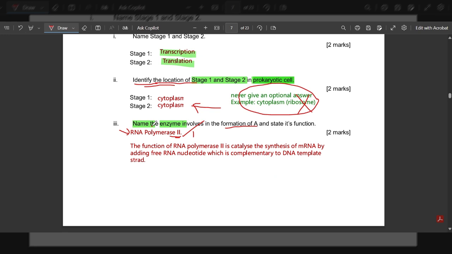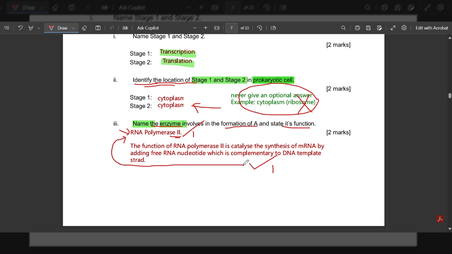Because the question wants you to give the name, then state the function, this is actually a dependent answer. If you get the name of the enzyme wrong, especially for those who write down DNA polymerase only, then even though your function is correct, you still don't get the marks, because these two have a dependent relationship.